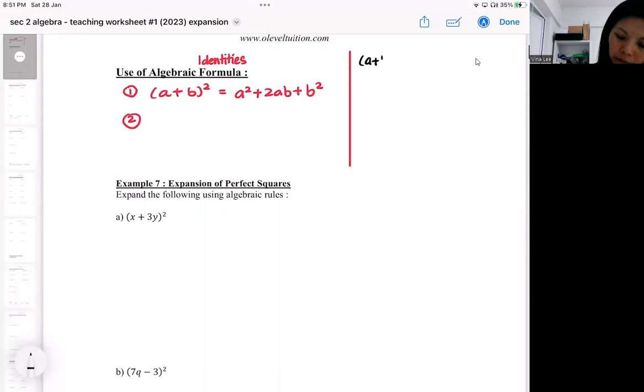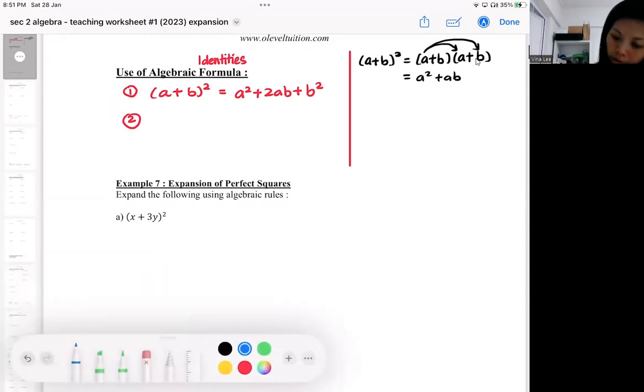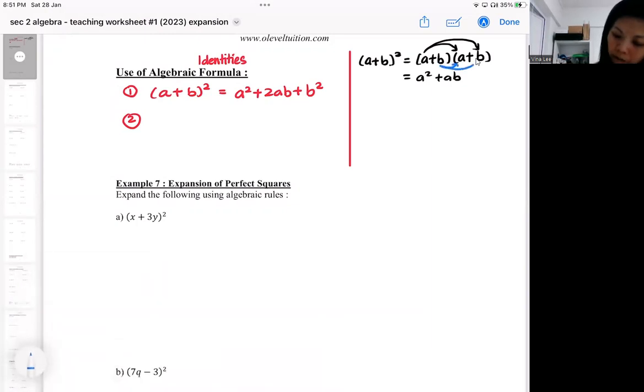The idea of a plus b squared is the same as a plus b times a plus b. That means the bracket is repeated twice. So what they do is the arrow, like what we did just now in the previous example.